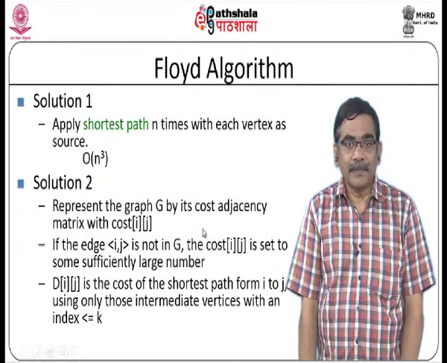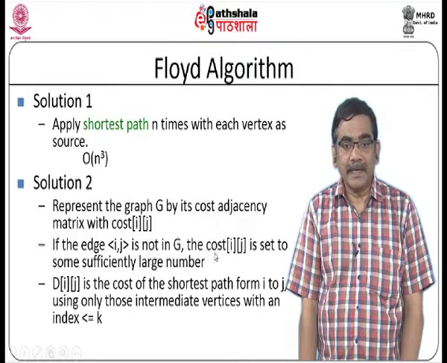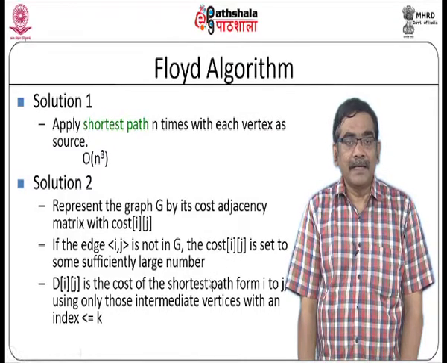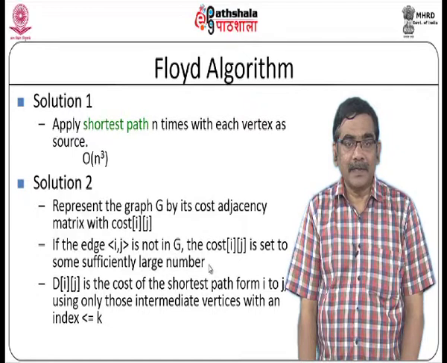You initialize with the adjacency matrix; if the edge is not there, you give a large number, otherwise you just give the weight, and at every iteration you keep on refining. The idea is very simple. At every stage you try to find the shortest path between nodes by comparing the direct path and the indirect path via the intermediate nodes.